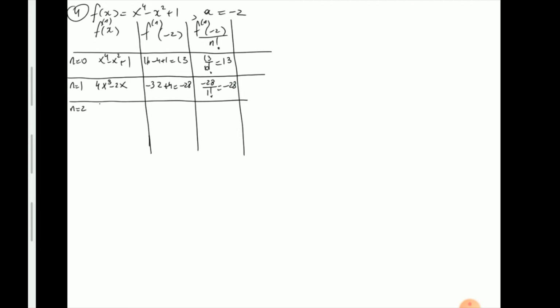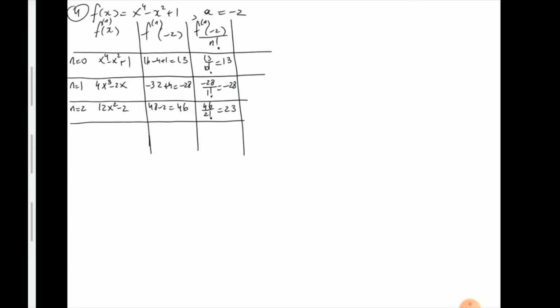For n equals 2, it's 12x squared minus 2. At minus 2, that's going to be 48 minus 2, which is 46. And then that's divided by 2 factorial, which makes it 23.